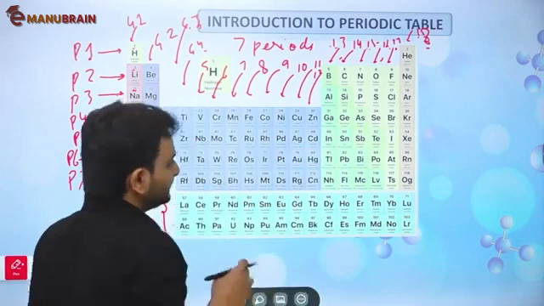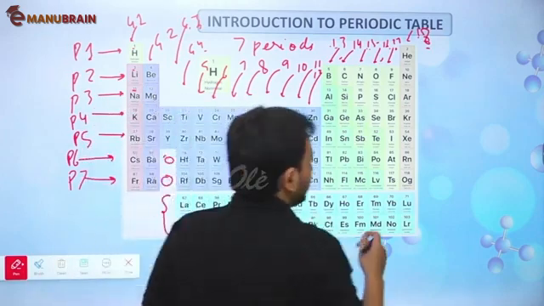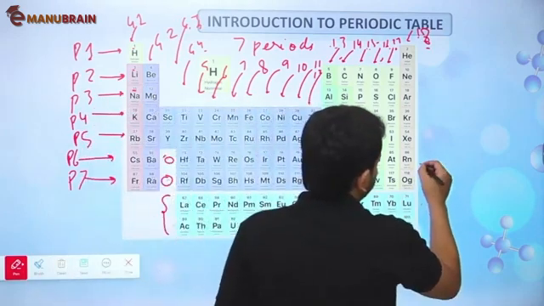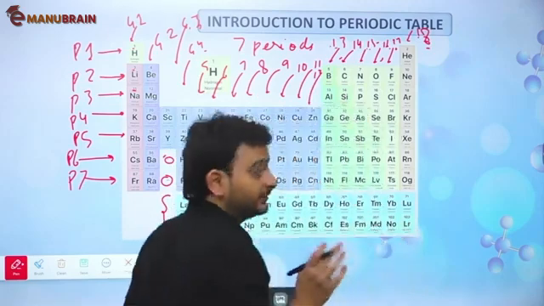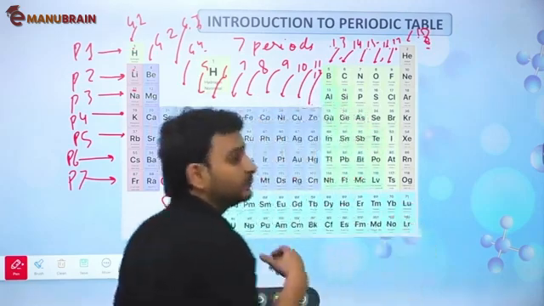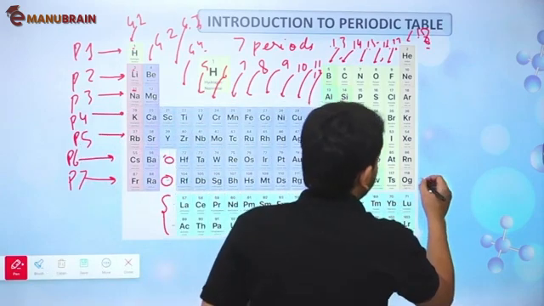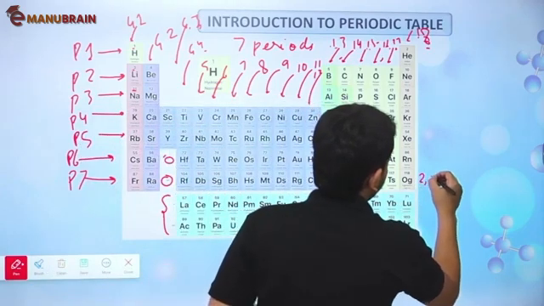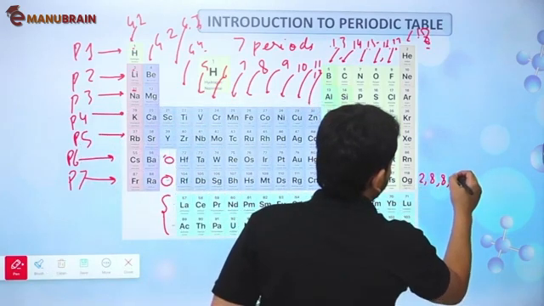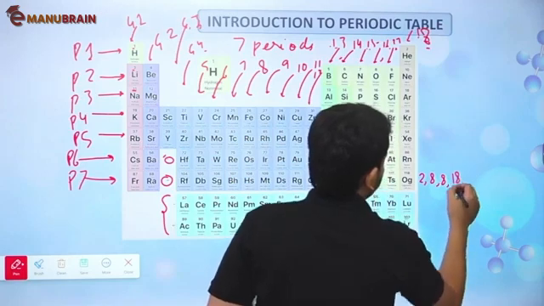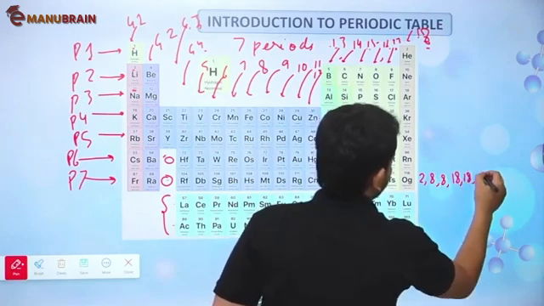Now, they were arranged by their atomic numbers, and you might know that electrons are filled according to the law that in the first shell, I'm not talking about the subshell, the shells include the subshells. You must have studied that before. It gets filled in the pattern 2, 8, 8, 18, 18, 32, 32.